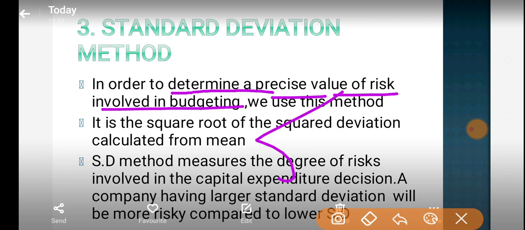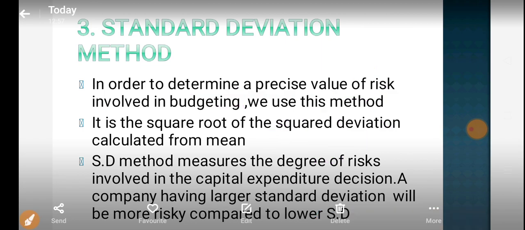Here we are measuring the square root of the squared deviation from the calculated mean, that is called the square root of sigma fd square. Its calculation is very simple, so we can go through it. The standard deviation method measures the degree of risk involved in a capital expenditure decision.